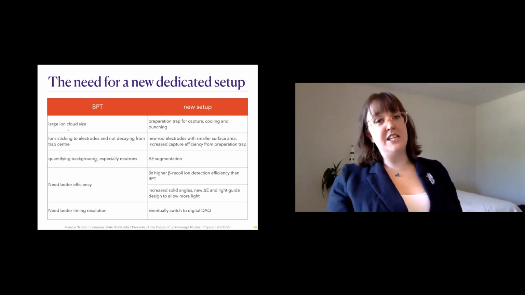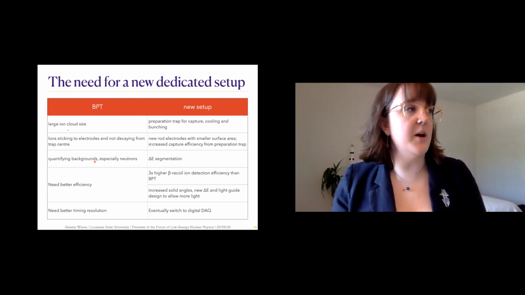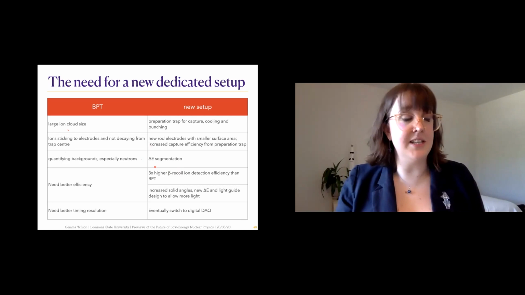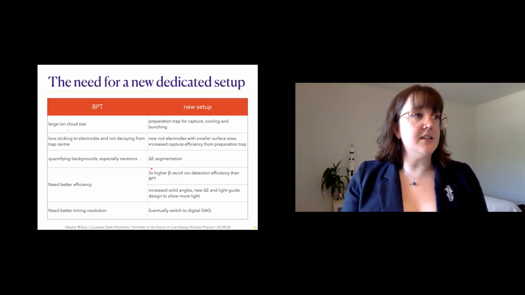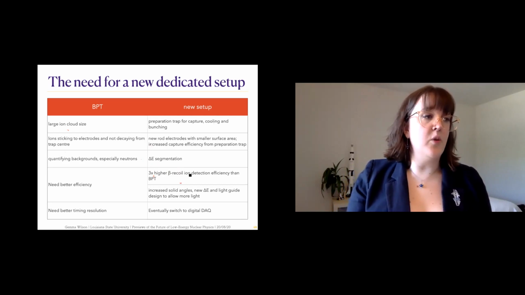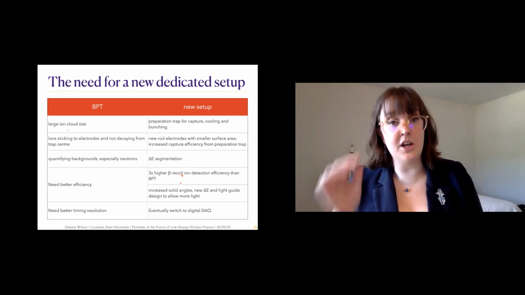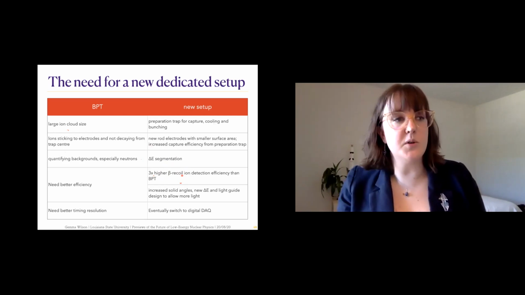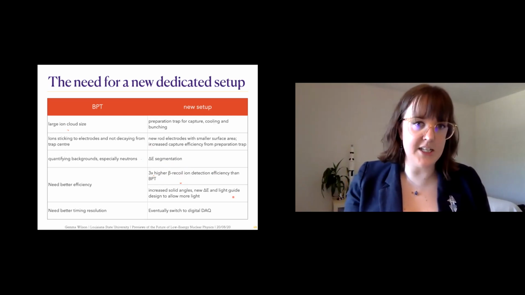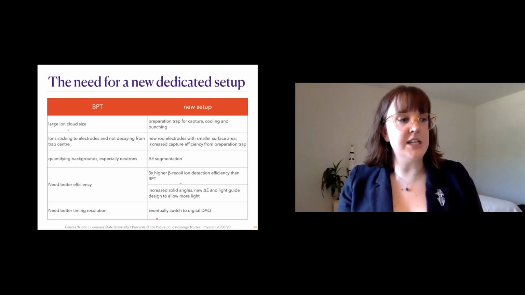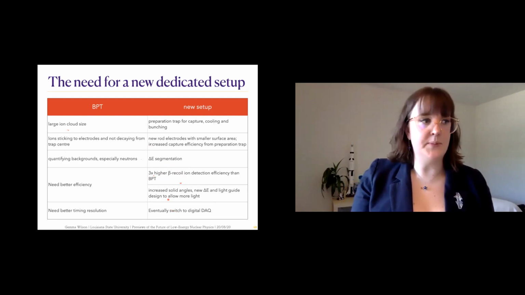We want to quantify these backgrounds that the BPT was sensitive to, and to get around that, we're using segmented delta E detectors instead. And the new setup that we've designed is going to have a 3 times higher beta recoil ion detection efficiency, which is huge. And with increased solid angles, new delta E detectors with better light guides to allow more light. And then in the future, we'll eventually switch to digital data acquisition.